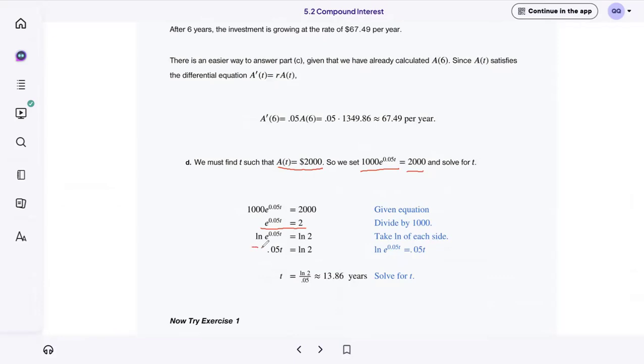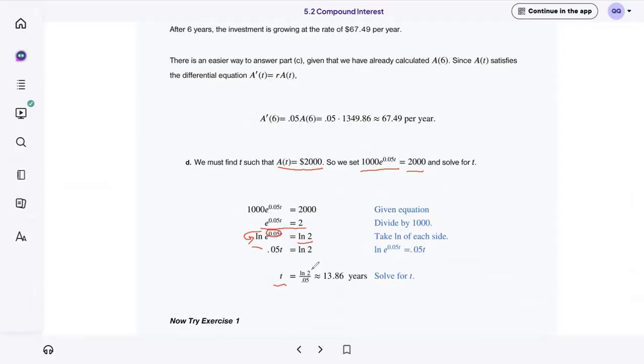Then we take logs on both sides. Then 0.05t comes down to the floor. The ln e becomes 1. So 0.05t times 1, still 0.05t, equals ln 2. Then we just divide by 0.05 on both sides. So ln 2 divided by 0.05.